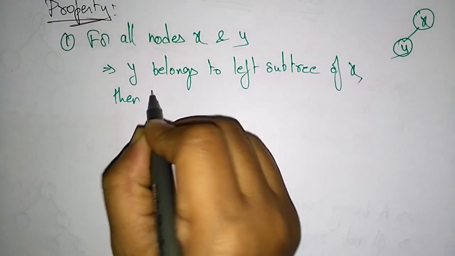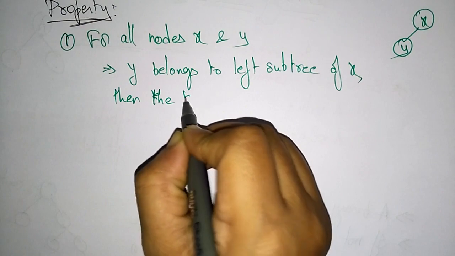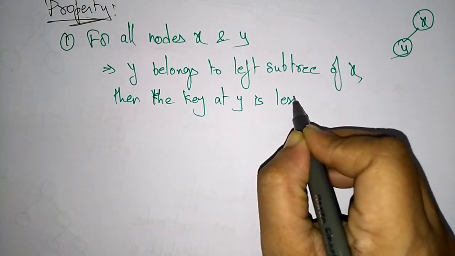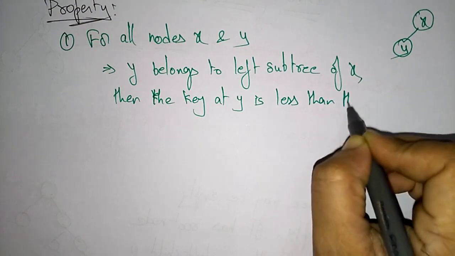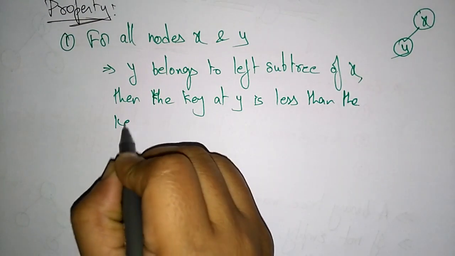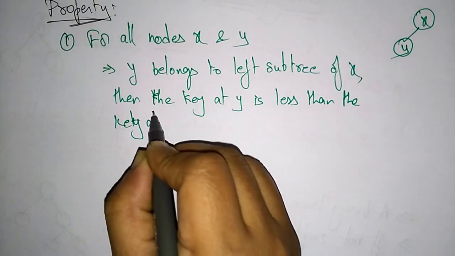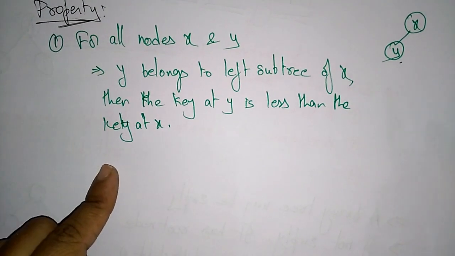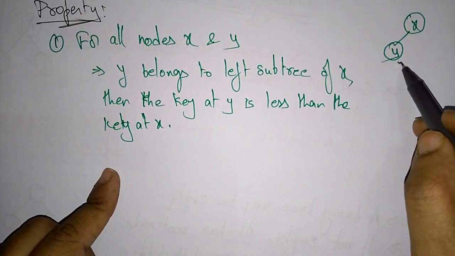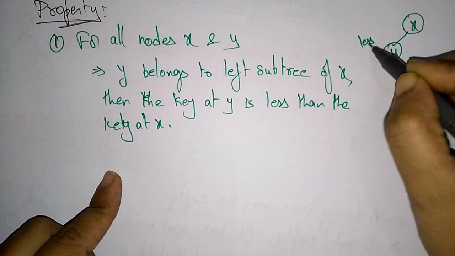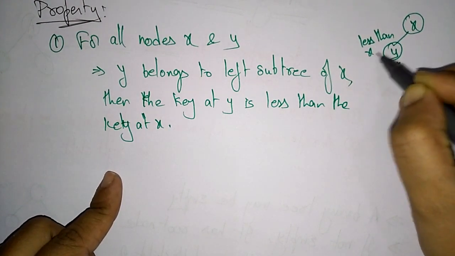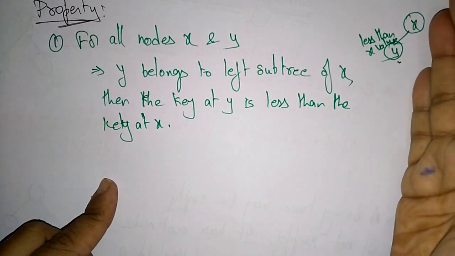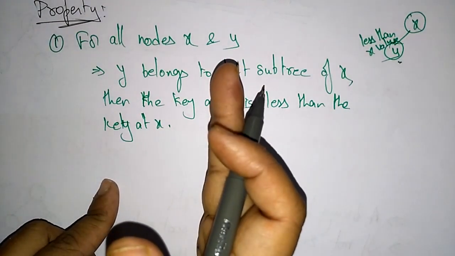Then the key at y is less than the key at x. So the y node value should be less than the x value. Whatever value is less than the x value should be kept on the left side.